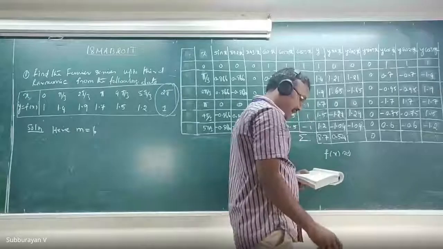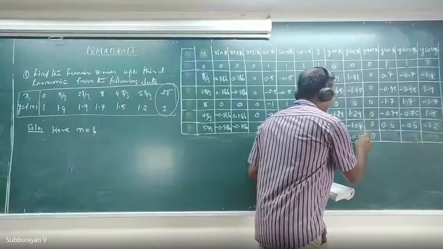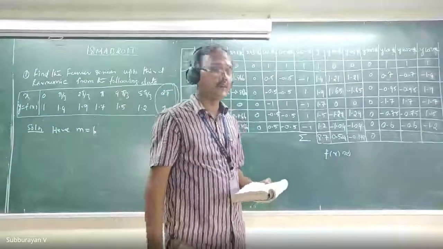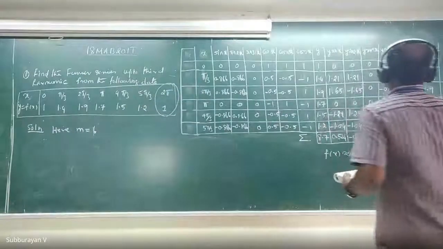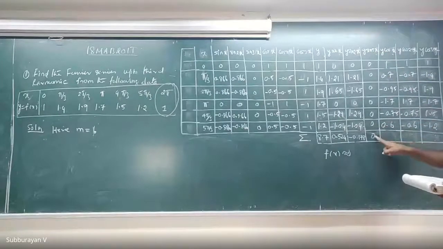Okay, 0.178. This is minus 0.178. And summation y sin 3x is 0 because all the values are 0 here.